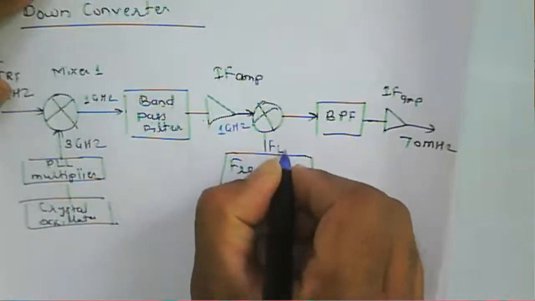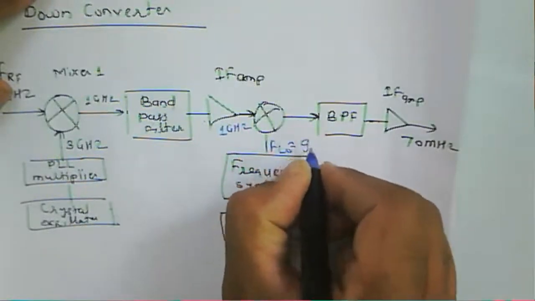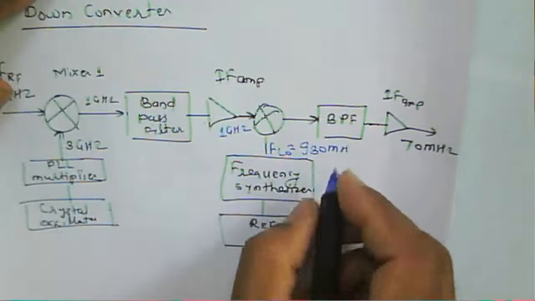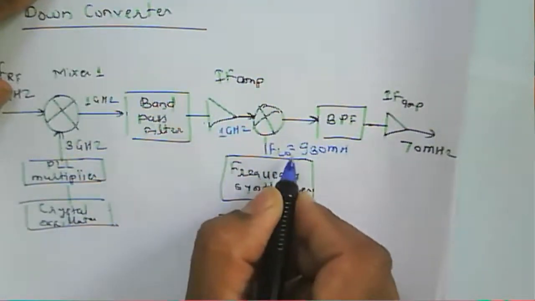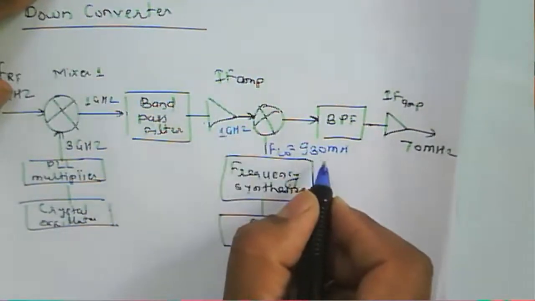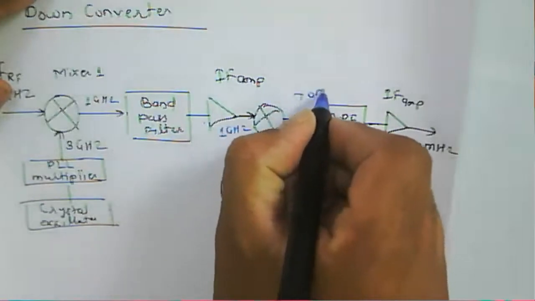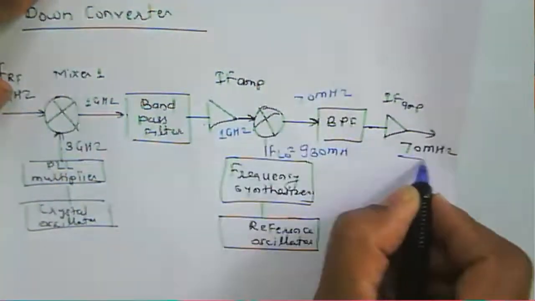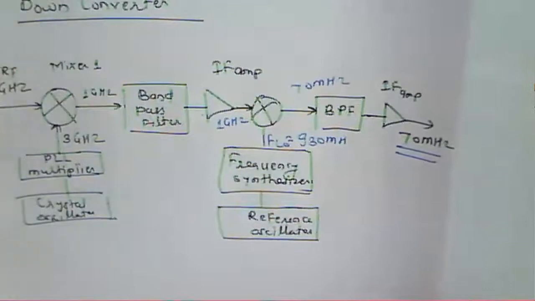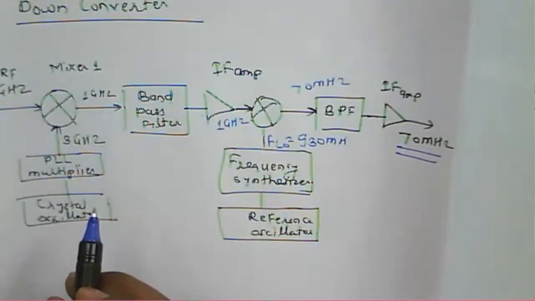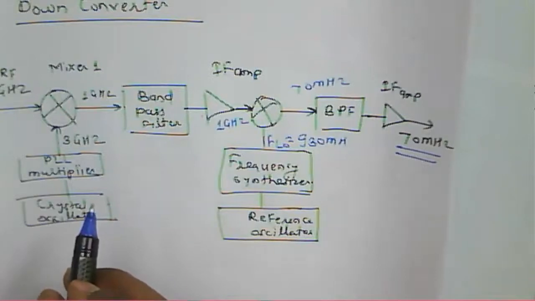Then we have the local oscillator at 930 megahertz. The difference component here is about 70 megahertz, so that's why we get an output of about 70 megahertz. So for the down conversion we can consider either a single stage or a multi stage.